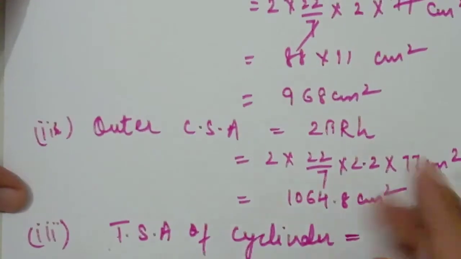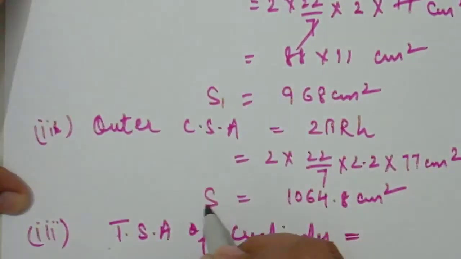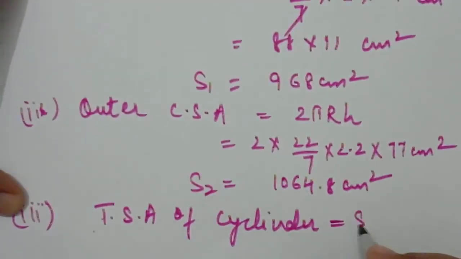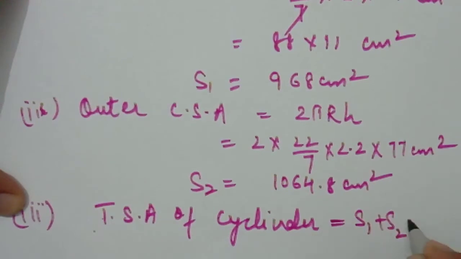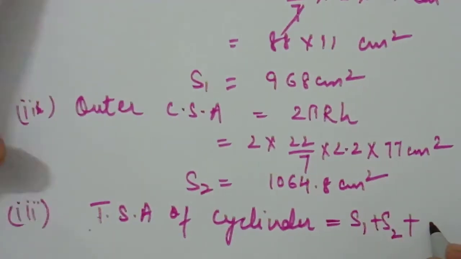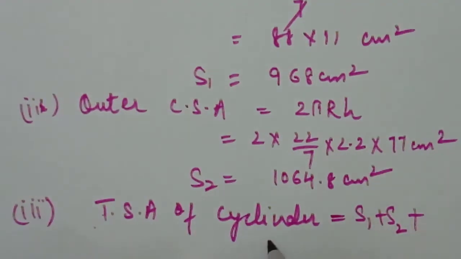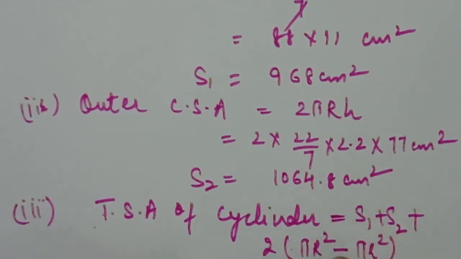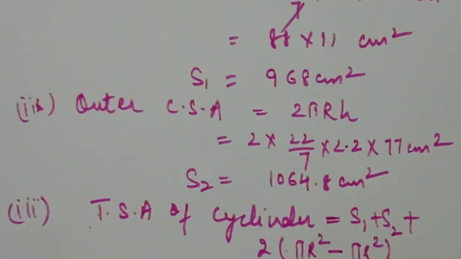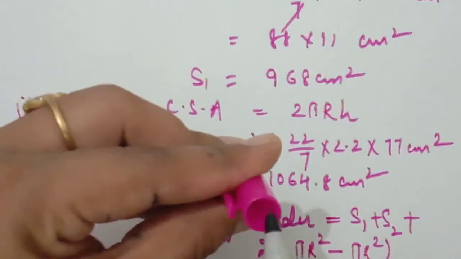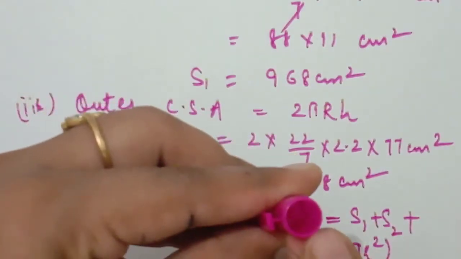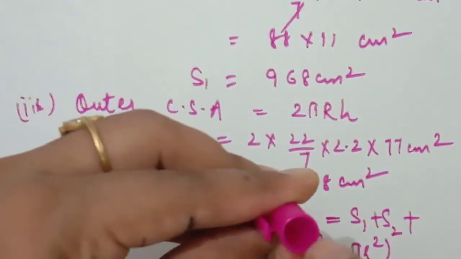If we take these as S1 and S2, then the total surface area is S1 plus S2 plus two circular parts, upward and downward, which is double of pi R square minus pi r square, because we are talking about thickness, because it is a pipe and it is not completely solid. We have to take the area of this thin line only.